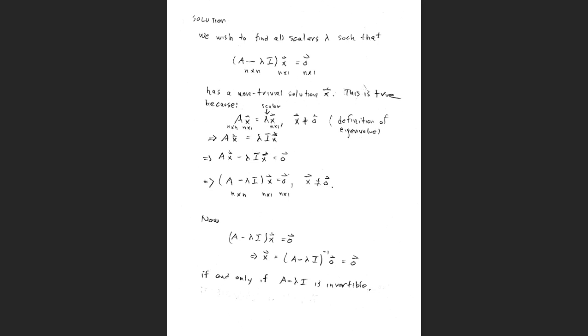So, all right. We wish to find all scalars lambda such that this matrix equation has a non-trivial solution X. And I already showed this, but this is true because this matrix equation, which is the definition of what an eigenvalue means and what an eigenvector means, is simply this equation down here, this matrix equation.